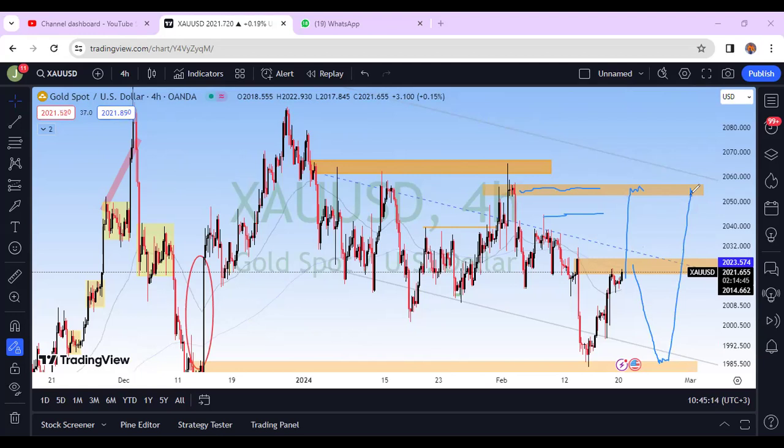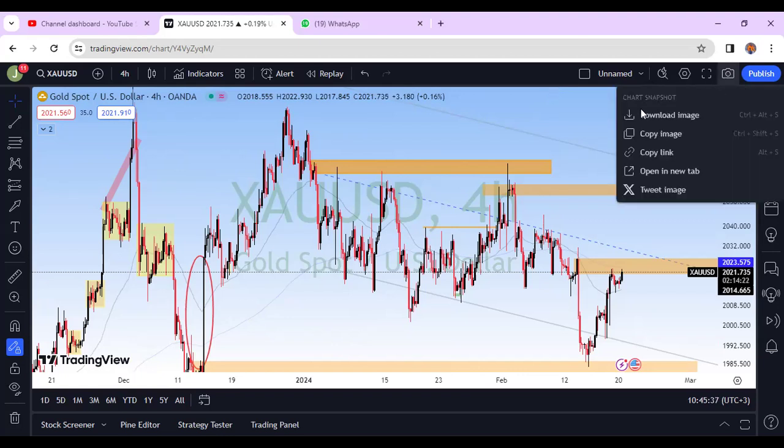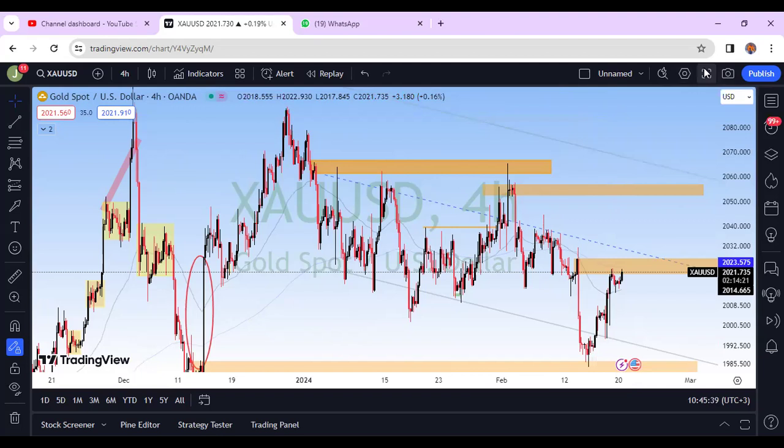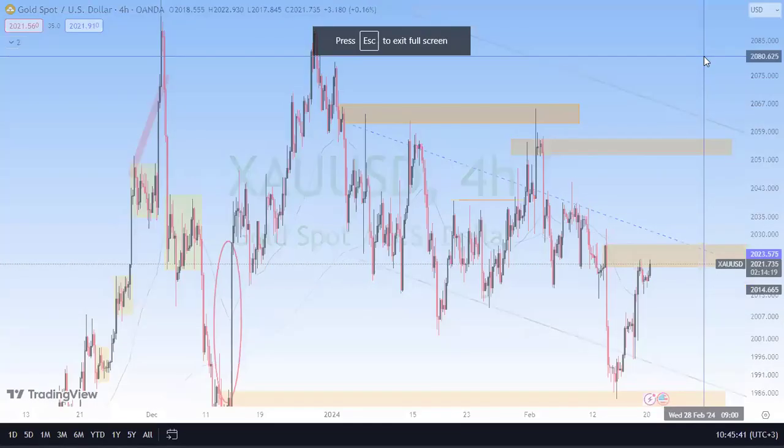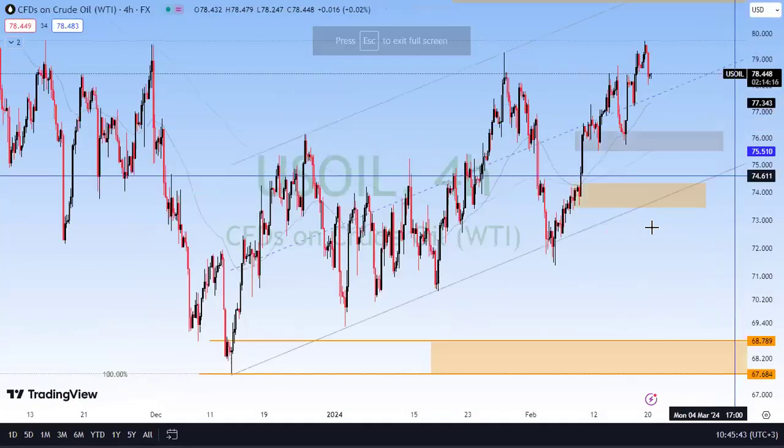That is the expectation. But we can have a check at a different chart, maybe a chart like the US oil. These are the two charts I will always be paying attention to. So this is the US oil.